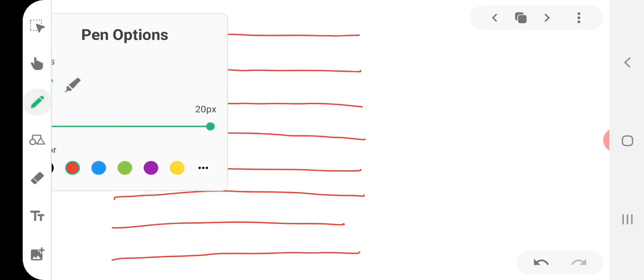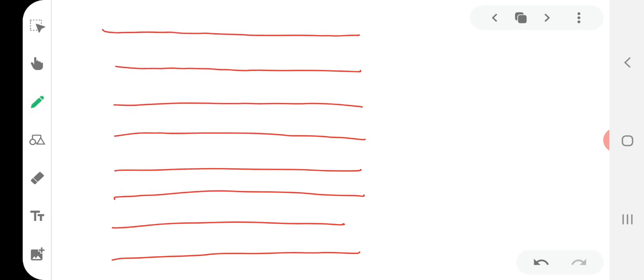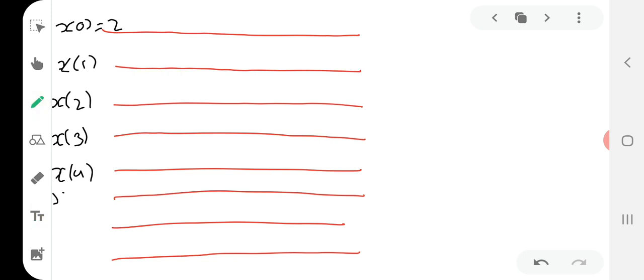This will be x of 0, and the value of x of 0 is 2, then x of 1, x of 2, x of 3, x of 4, x of 5, x of 6 and x of 7. The values are 2, 2, 2, 2, then 1, 1, 1, 1.